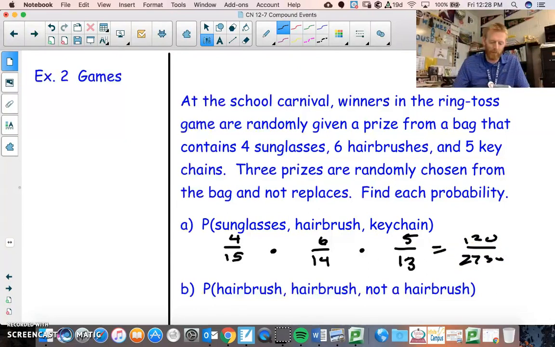I'm going to type both of those numbers into my calculator again to simplify that fraction. And I get the official probability of 4 out of 91 chance that I'm going to get these things happening in that order.